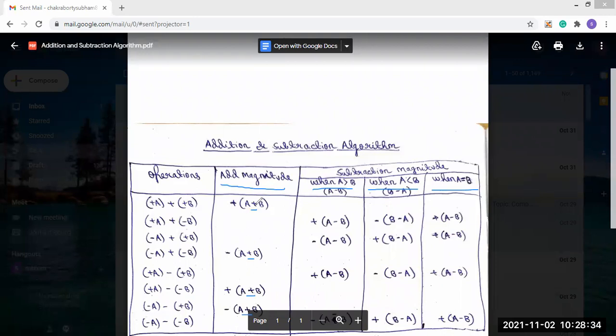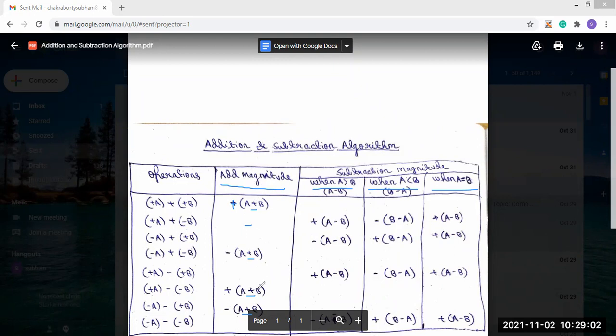Then only we will consider it as add magnitude. Because if we do plus A plus B, and take the plus common, it will be A plus B. So okay, but those conditions which have a minus in between, we cannot take, because this column is only for add magnitude.